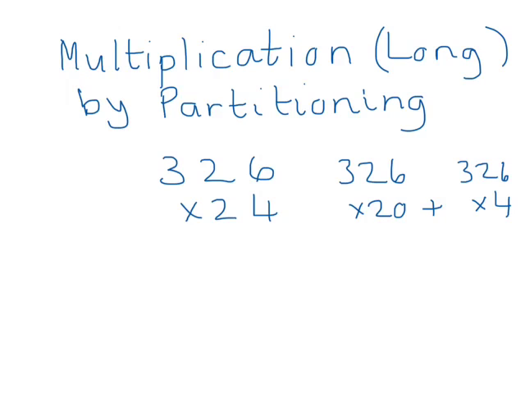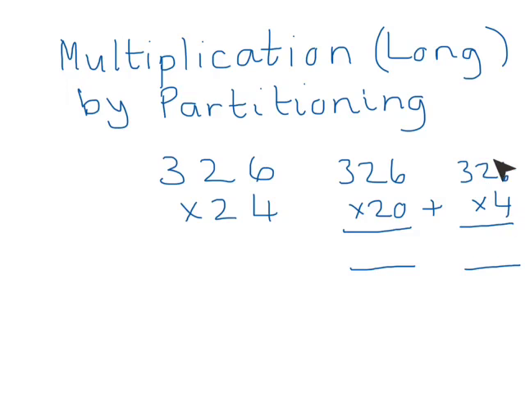Okay, I'm going to do it in 2 steps first, then show you on the left-hand side how we do it in 1. It doesn't really matter if you start with the 20 or the 4, because in multiplying, it doesn't matter which way around. So let's start with the 4 here.